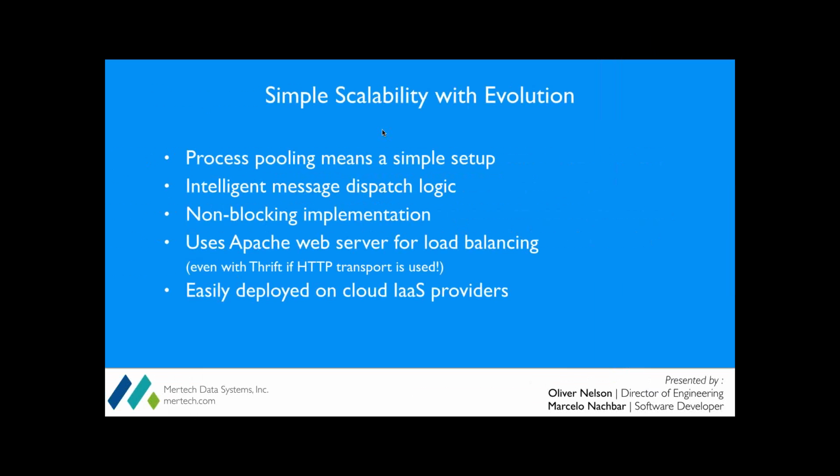It's meant to be used behind an Apache load balancing server. Even if you're using Thrift, which is a binary protocol, if you use it over the HTTP transport, you can still have a free load balancer sitting in front of it. And of course, our installer makes it very easy to deploy on infrastructure as a service-based providers.